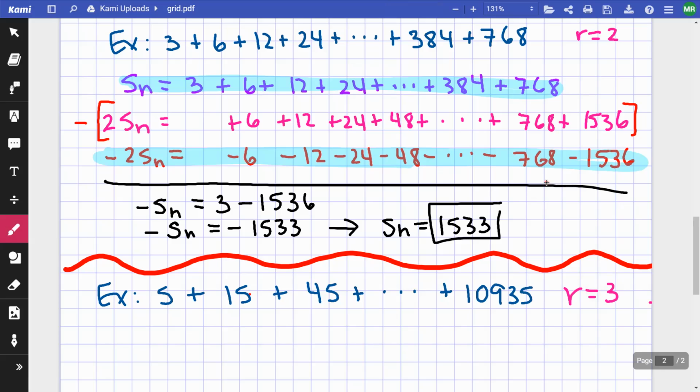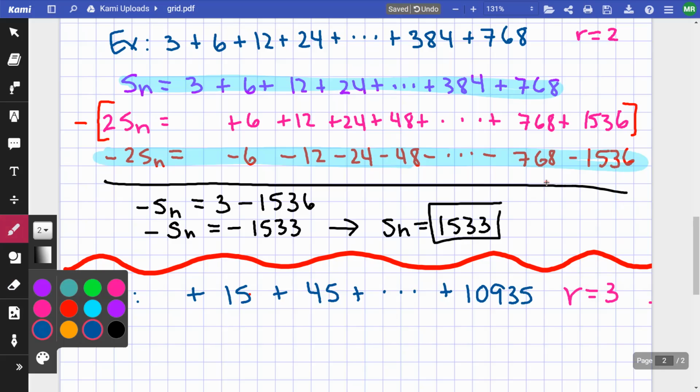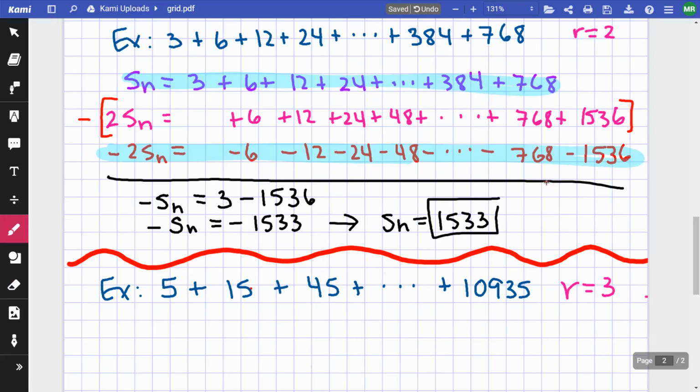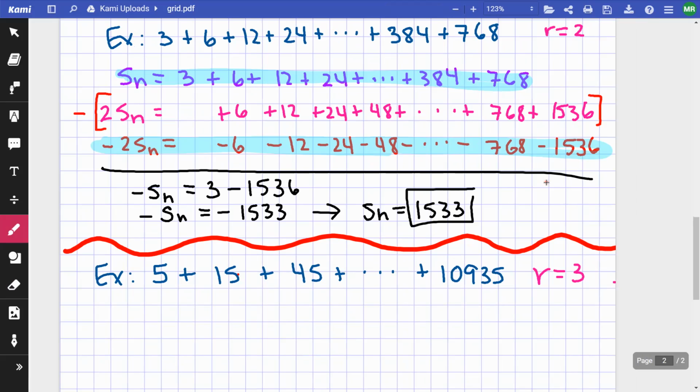So my R is a 3. This is a 5. Sorry, it looks like kind of like an S. So I'm going to do what I did above. And I am going to write this as S sub n is equal to 5 plus 15 plus 45 plus ... all the way up to, again, 10,935.